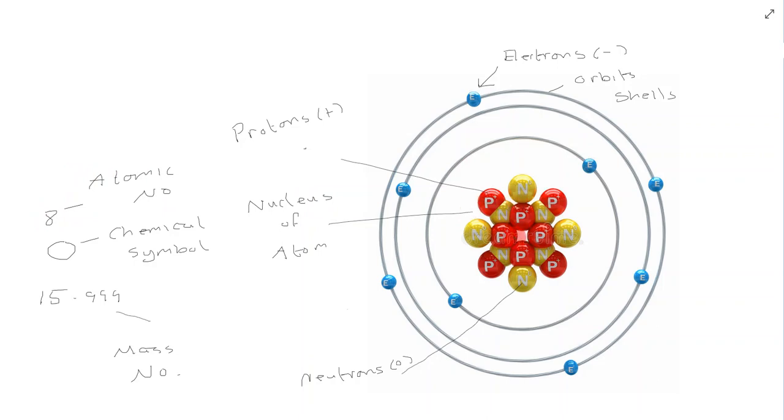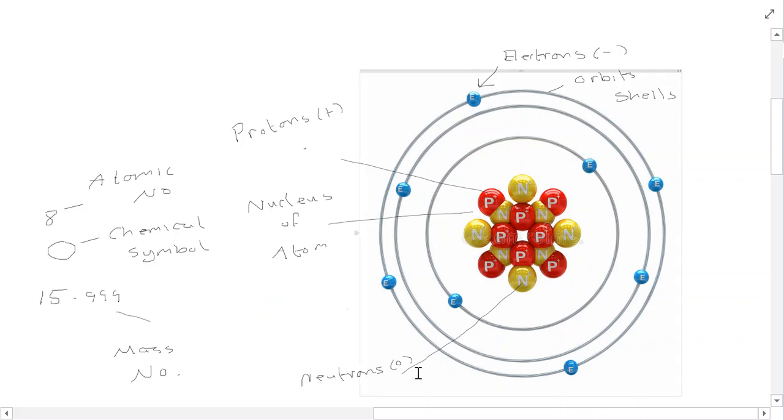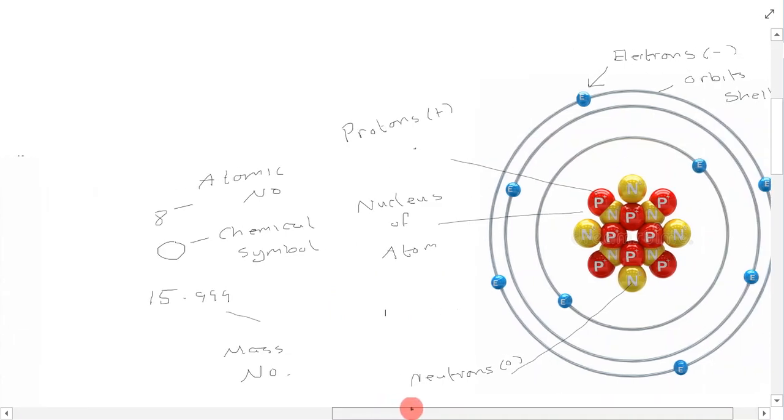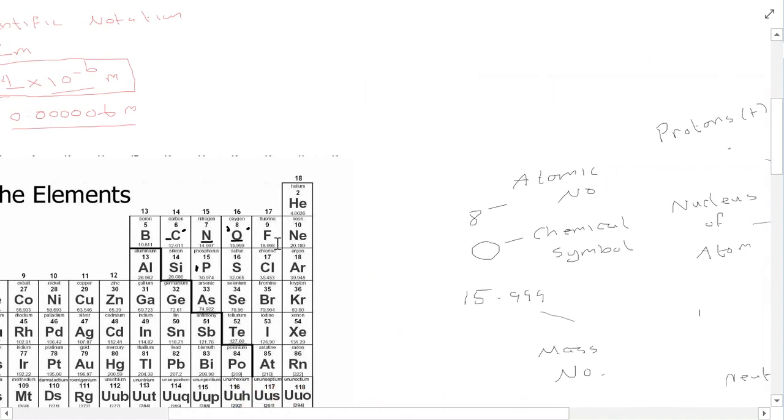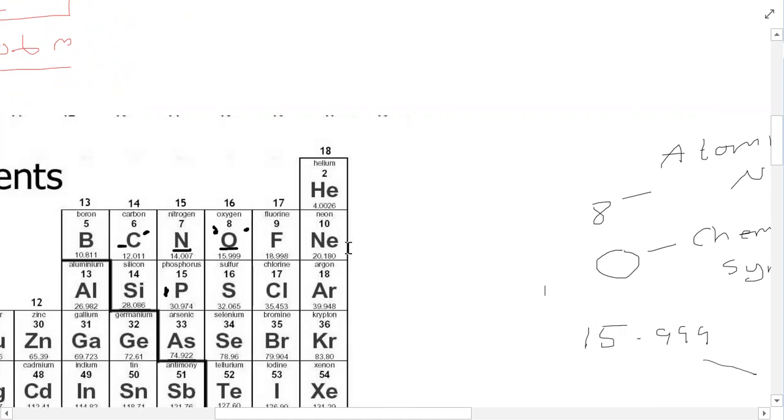If you change the number of protons present within the nucleus of an atom, it changes the atom. You'd have a different atom. For example, if you were to add one more proton in there, that would be a different atom. Instead of having 8 protons, it would have 9 protons. And if we have a look here on the periodic table, an atom that has 9 protons in its nucleus is what's known as fluorine.